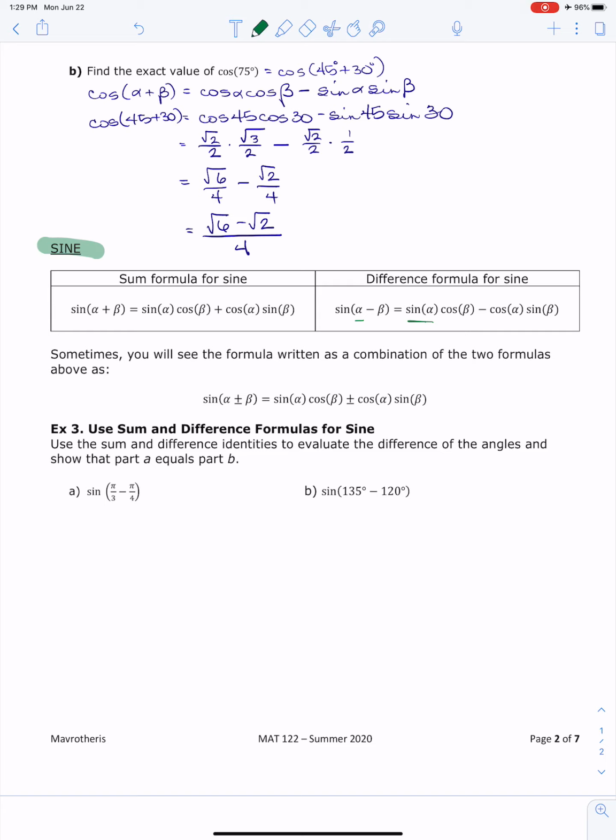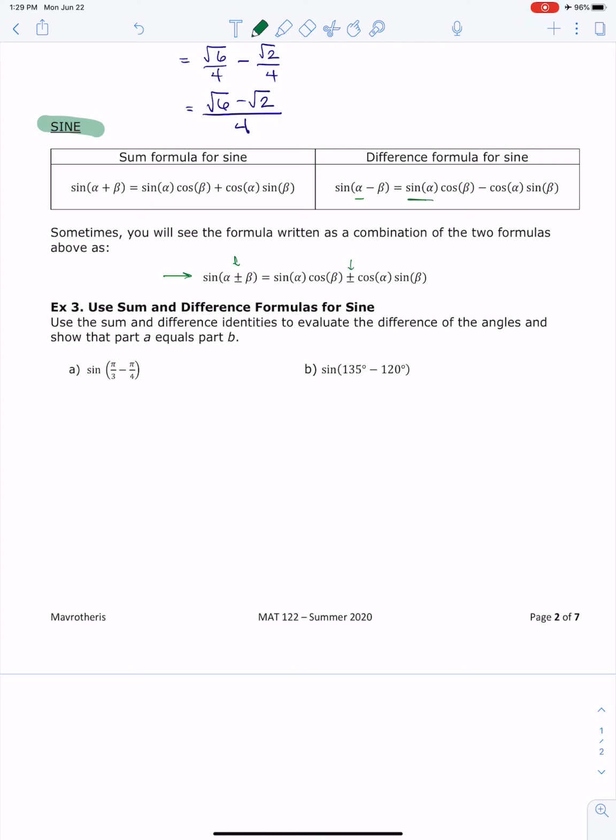Here's the general form of that formula. We don't want to write out two separate pieces. Notice that top operation matches the top operation here. So the sine of alpha plus or minus beta is going to equal the sine of alpha cosine beta plus or minus the cosine alpha sine beta. So we get everything in there.